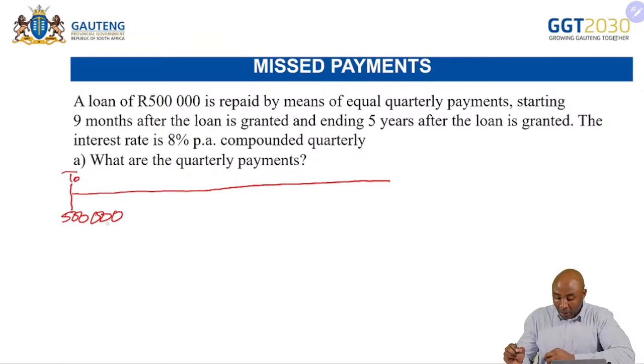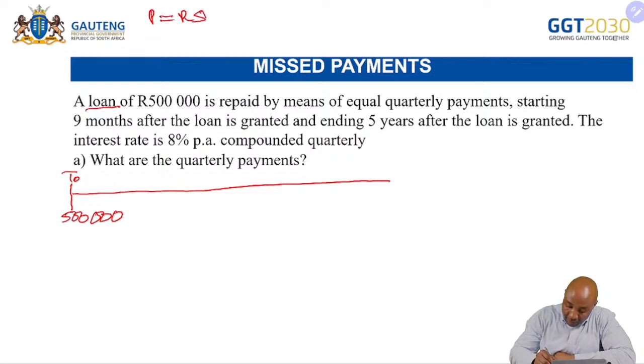Welcome back. I hope you managed to answer the question. Now, we are able to see that it's a loan, so we know that we are using the present value annuity. Our P is going to be 500,000.